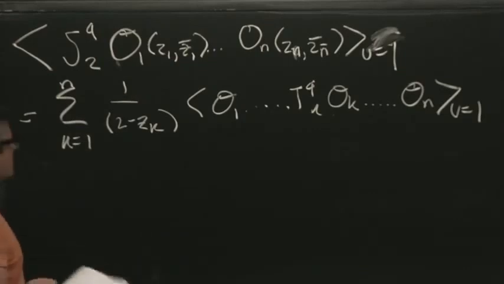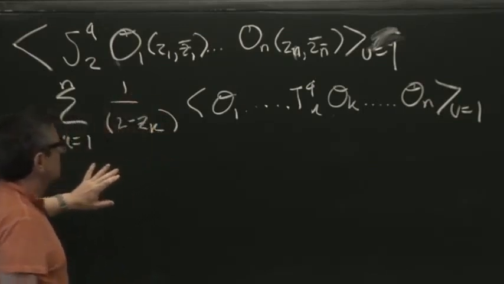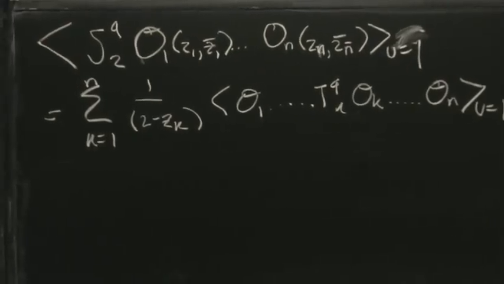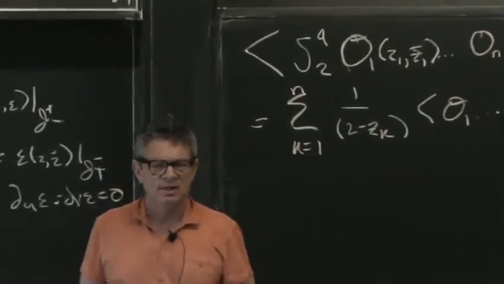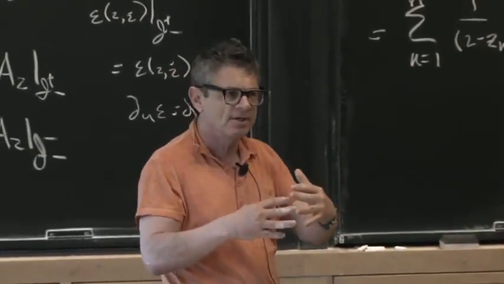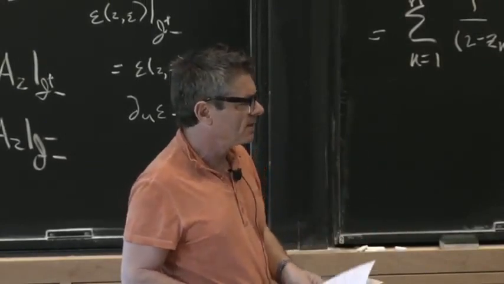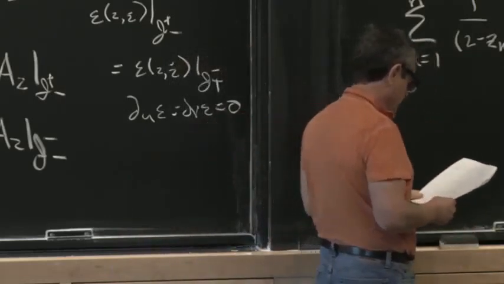And I think that this way of looking at things is much more natural, that this is a nicer way to write this formula. And I think it's even nicer than the way we were writing it before, where we were talking about ingoing and outgoing states and charges that acted on ingoing.